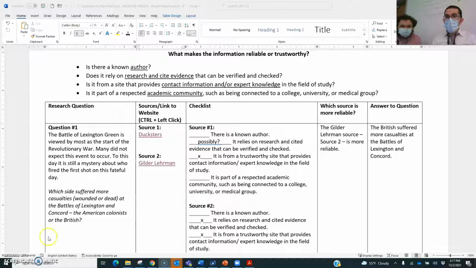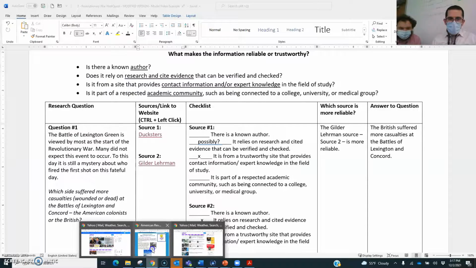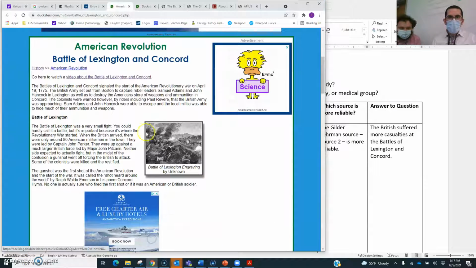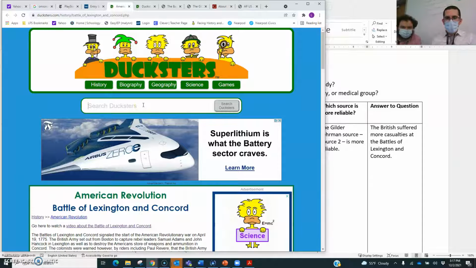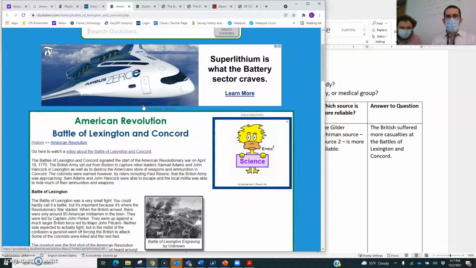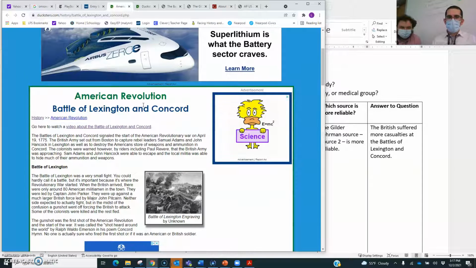So what we need to do is open up our two particular sources. First is from a website called Ducksters, and the other is from a website called Gilder Lehrman. I already have these websites open. The first site is Ducksters, and it provides information about the Battle of Lexington and Concord.